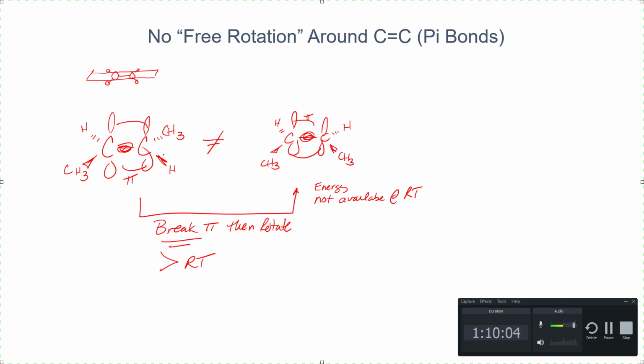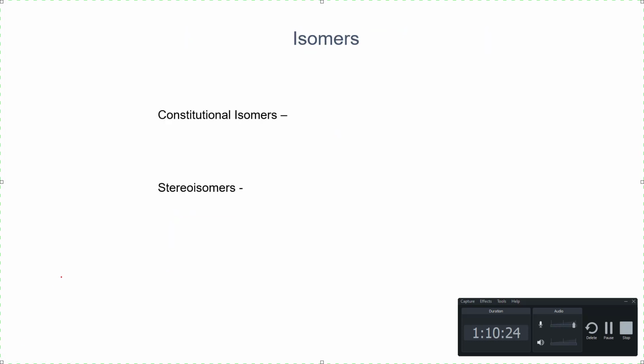So this is going to lead us to what we call stereochemical isomers. But just be aware that there is no free rotation around a double bond. There's more explanation about that, and we'll build on it, but it's just something that's in Top Hat.